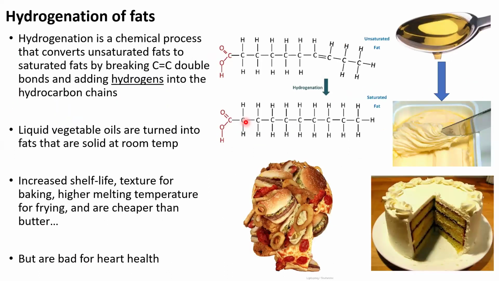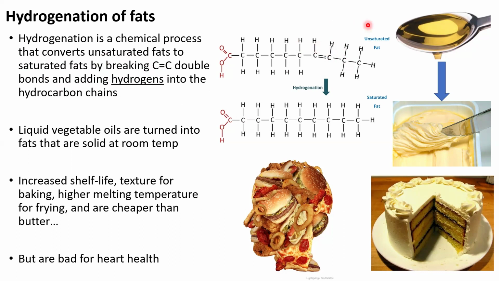So the hydrogenation of fats is basically a chemical process that allows unsaturated fats to be converted into saturated fats by breaking the carbon double bonds and adding more hydrogens into the process.